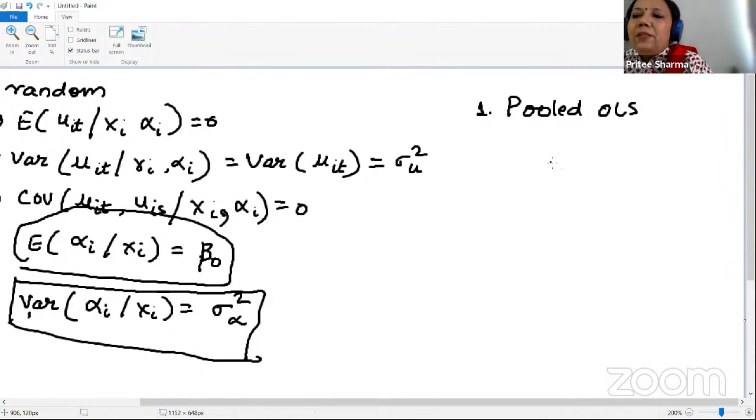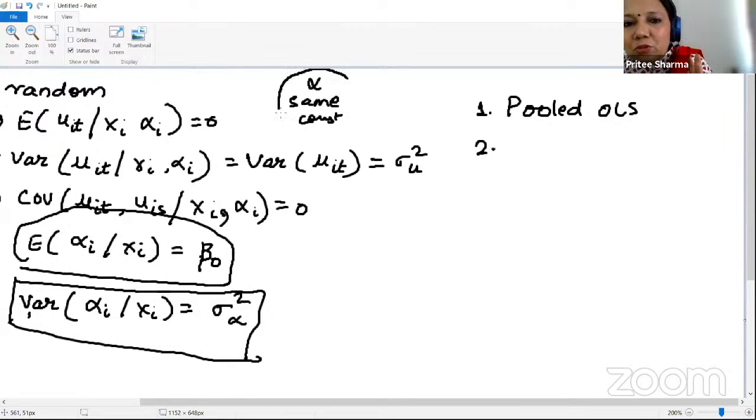Then the second step is, how do we see whether your alpha, the component representing heterogeneity, is different or the same? You remember we started with alpha being the same or constant.